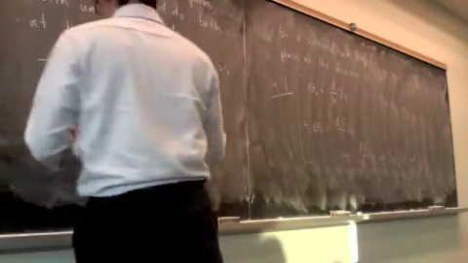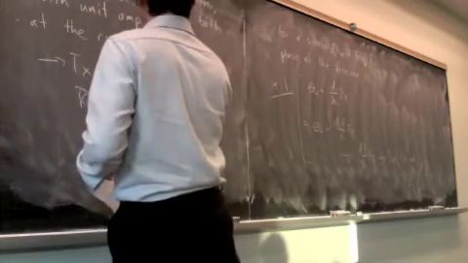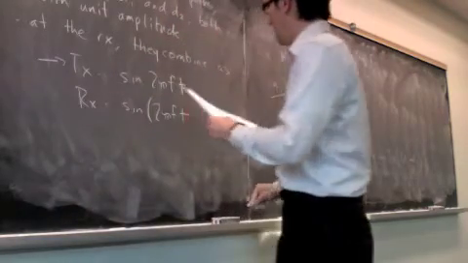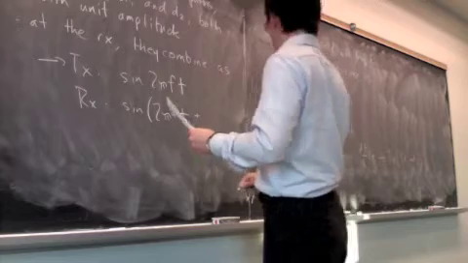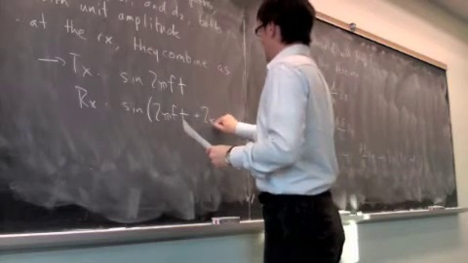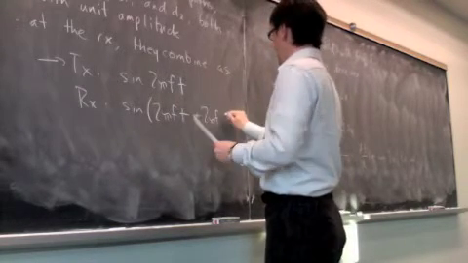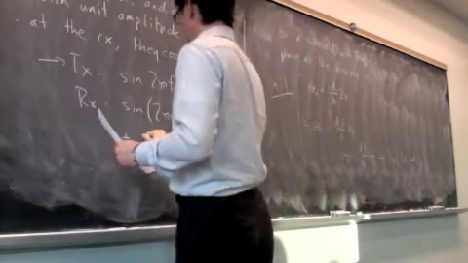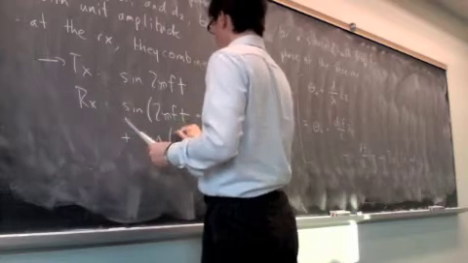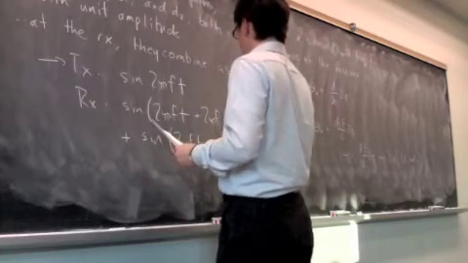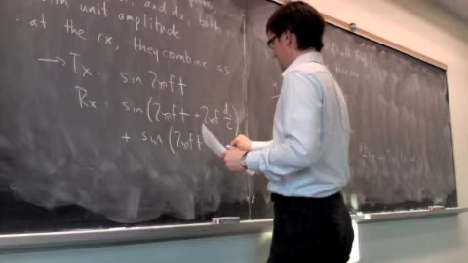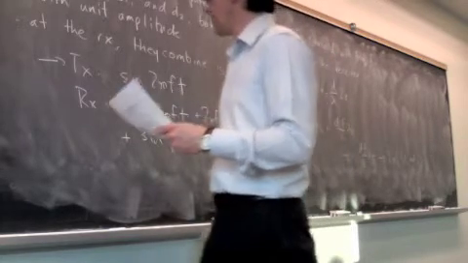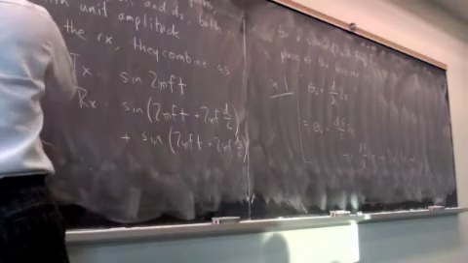The receiver, we see from the first path, sine 2 pi ft plus 2 pi f d1 over c, plus sine 2 pi ft plus 2 pi f d2 over c. And this taken together is equation 2 in your notes.